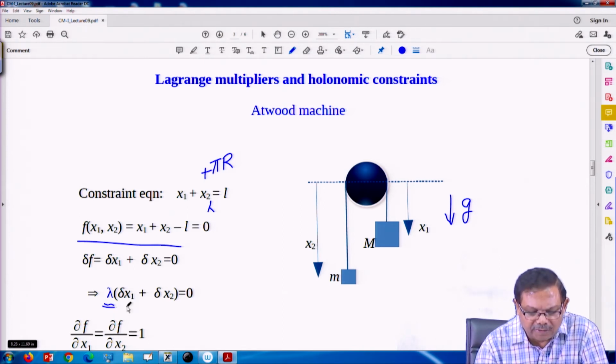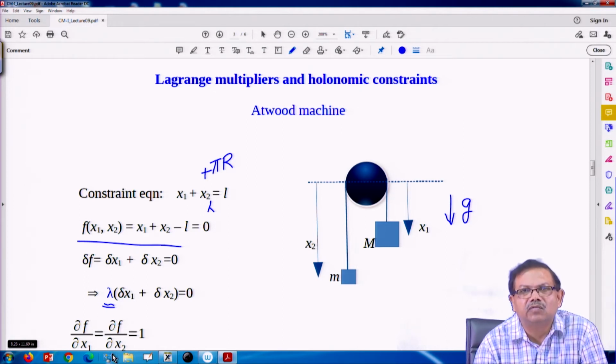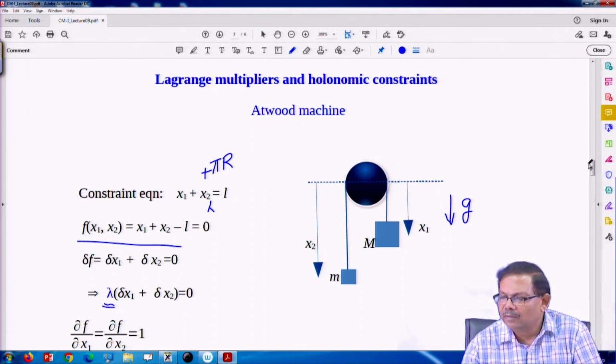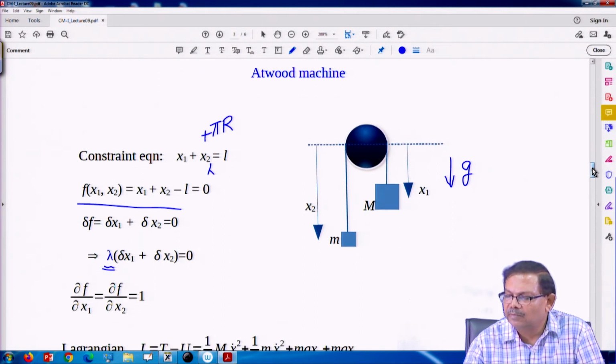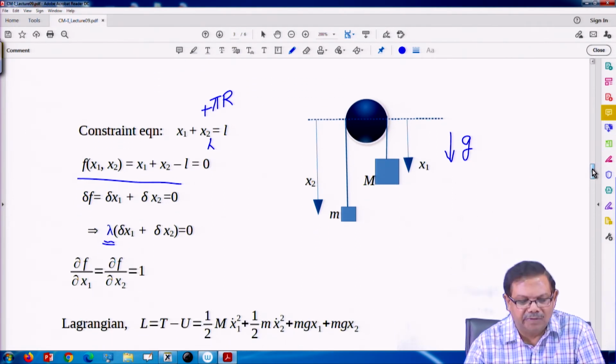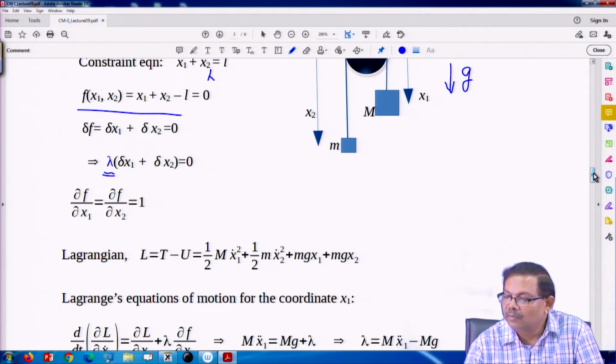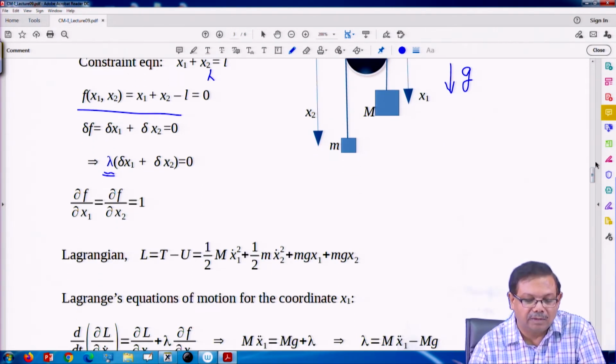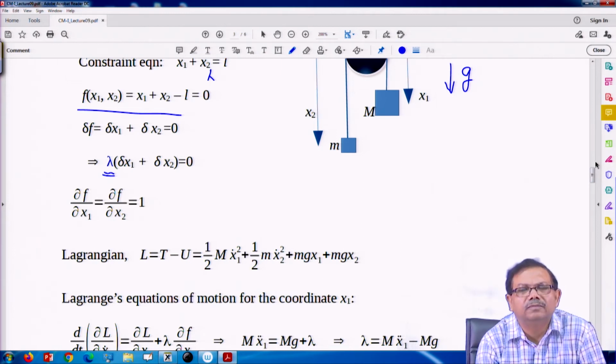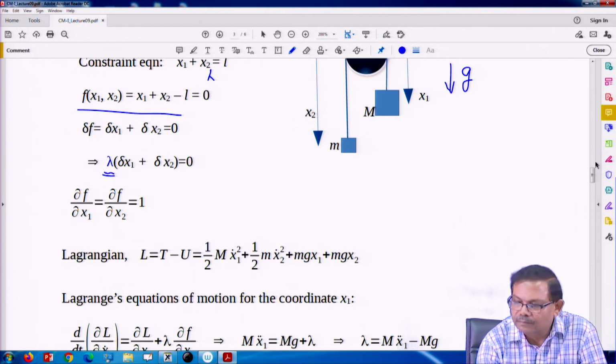So, I can write lambda times delta x 1 plus lambda times delta x 2 equal to 0. Lambda could be an arbitrary thing; we can set its value if it is required, otherwise we do not do much till we are forced to get some value for this.